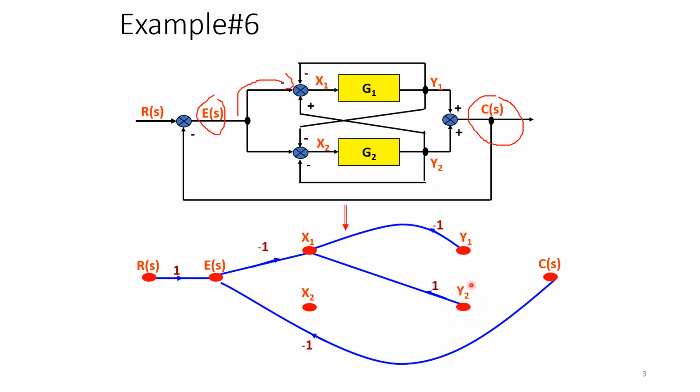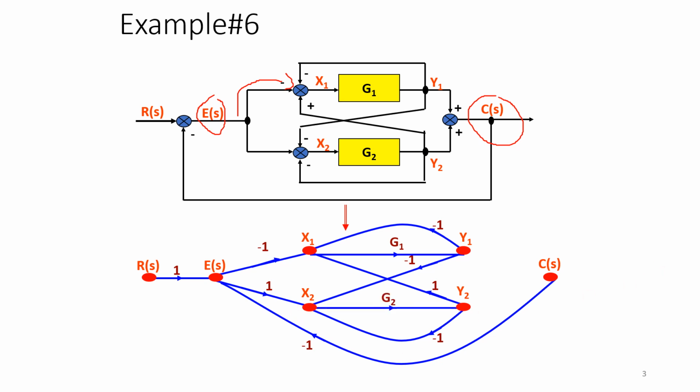Similarly, connect this with the box having a gain G1, so that is represented with a branch with a forward path gain G1, and then this is represented by 1. The direction of the arrows you must give properly along with the sign, and then G2, then you have one more branch from Y1 to C(S), so connected. So this is the signal flow graph representation that we have got for the given block diagram.